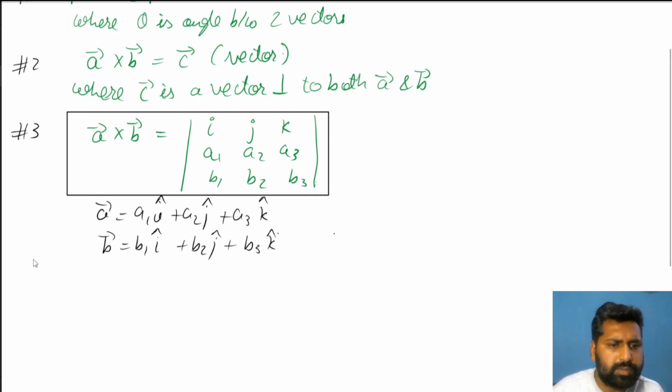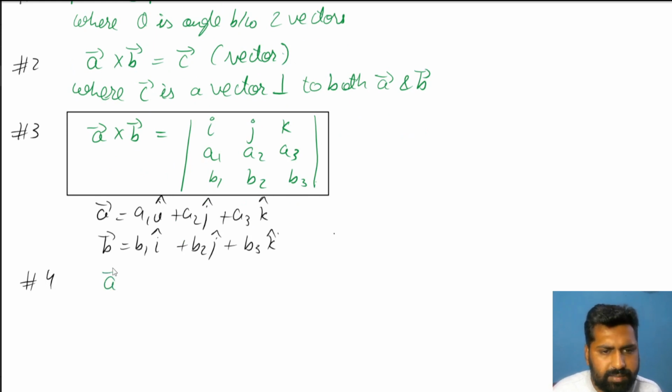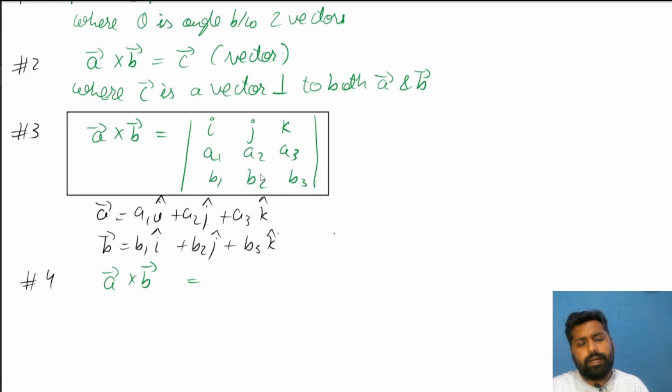Now this cross product is not commutative, meaning your A cross B and B cross A mean different things. So if you are doing A cross B, you'll write the row of the components of A vector first and then B vector. However, if you are doing B cross A, then you'll write the components of B vector first and then A vector.